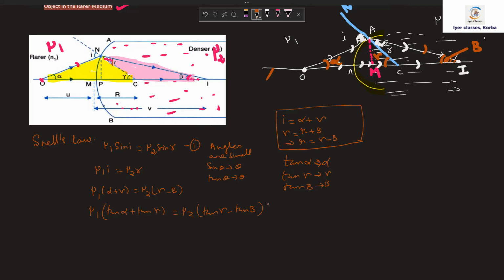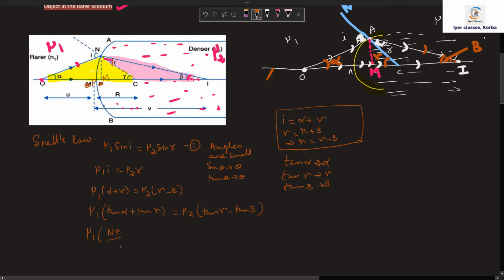Yes, ma'am. Okay, so now what do we have to do? You have to find out what is tan alpha. Now in this yellow triangle, do you see tan alpha? What will tan alpha be? NM by OP. Actually, this is M and this is point P. Okay?